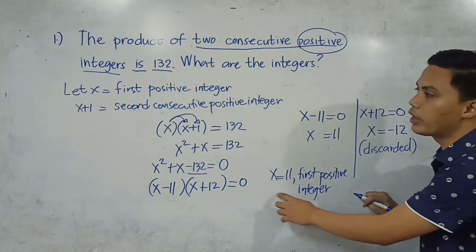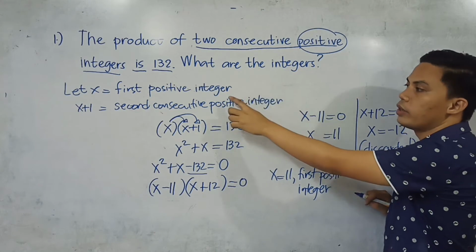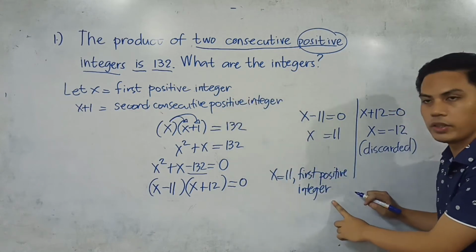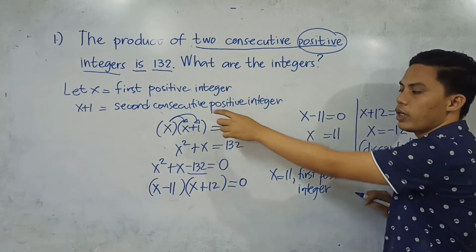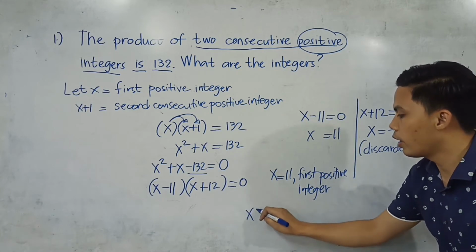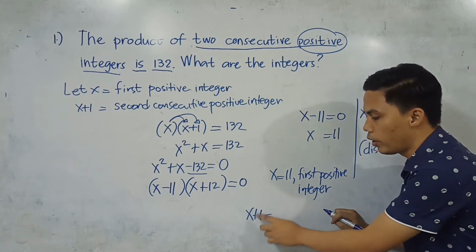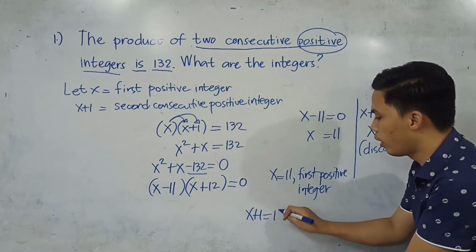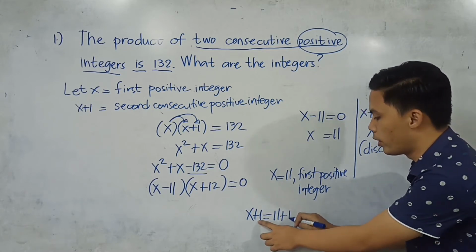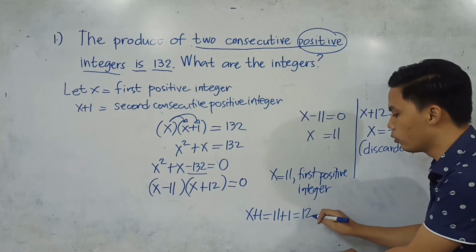Okay. Babalikan natin yung representation natin. X is the first positive integer. And the next one, we have x plus 1. So that is x plus 1 is equal to, we're going to substitute the value of x na 11. 11 plus 1 equal to 12.